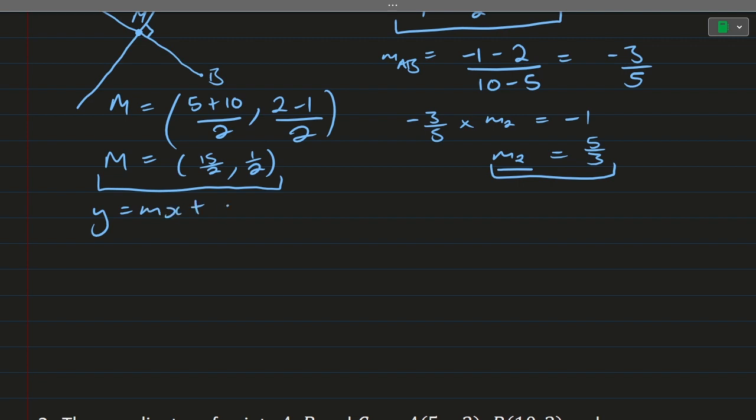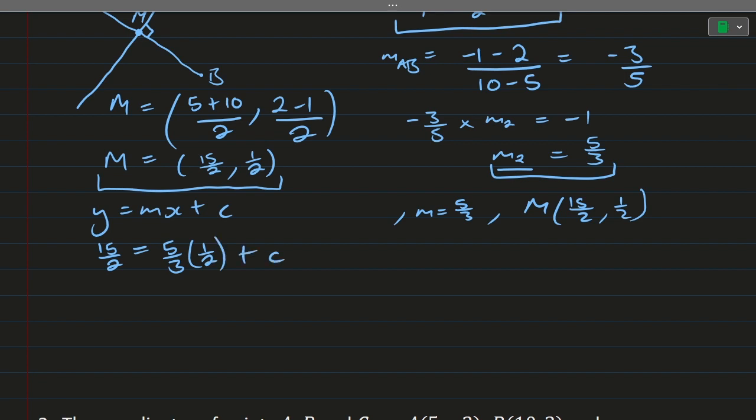So y equals mx plus c, and in this case our m is 5 over 3 and the point is 15 over 2 and a half. So we'll substitute y with 1 over 2, m is 5 over 3, x is 15 over 2, plus c. 1 over 2 is equal to 25 over 2 times... this is 25 over 6 plus c, so c is equal to 20 over 3.